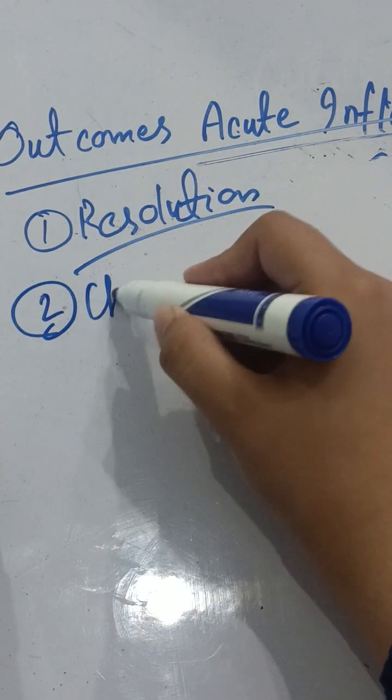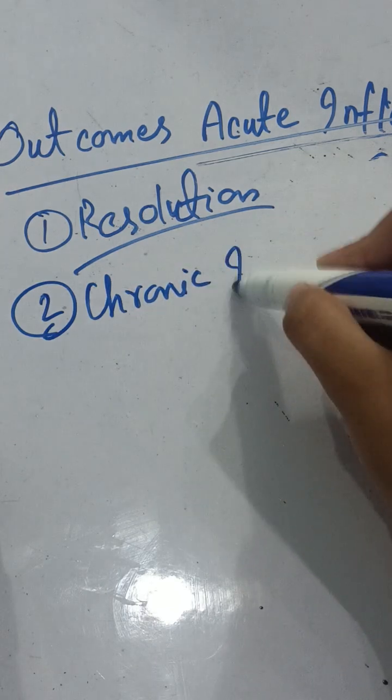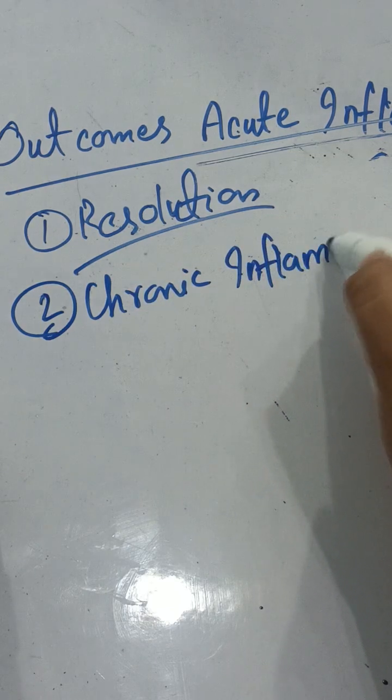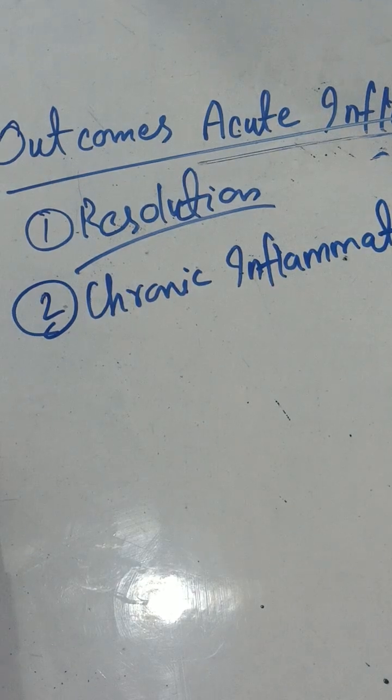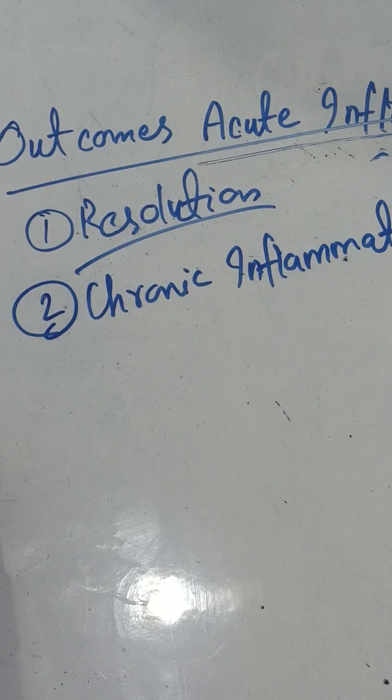The second outcome is chronic inflammation. If your injured site is not able to heal, the tissue damage is so severe that it cannot be removed, or there is a persistent injury through a viral infection or an autoimmune disorder, then chronic inflammation occurs. A lot of macrophages and lymphocytes are present here. Angiogenesis will occur, new blood vessels will form, and there will be fibrosis.